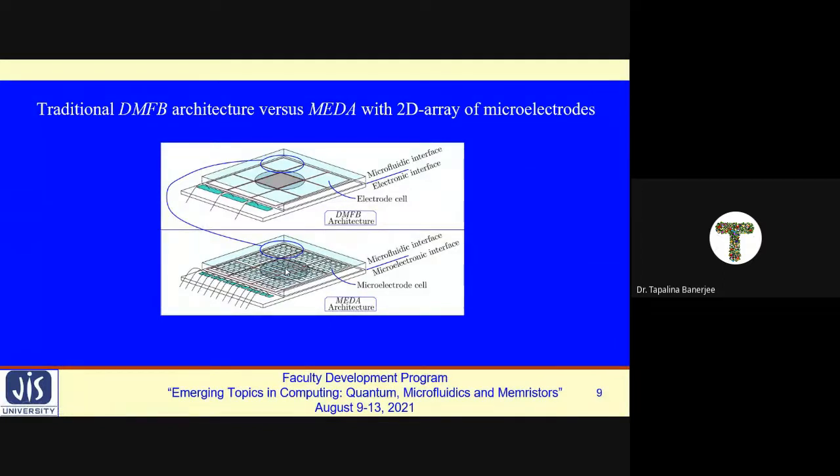MEDA allows fractional aliquoting of droplets in a fine-grained manner compared to conventional DMFBs, where the droplet volume is fixed. So, aliquoting with MEDA chips has been recently used for error recovery and for mixture preparation while exploring parameter space in the context of synthetic biology.